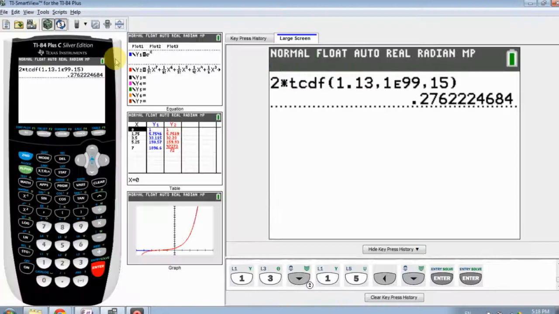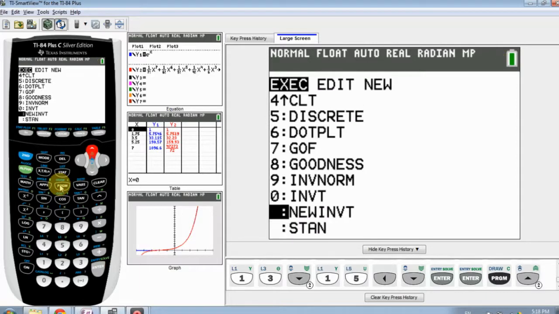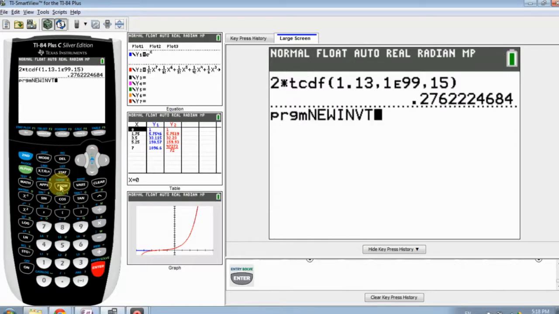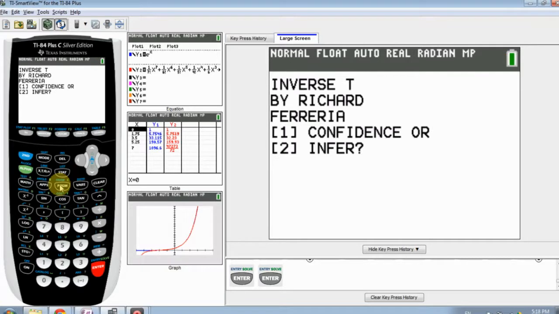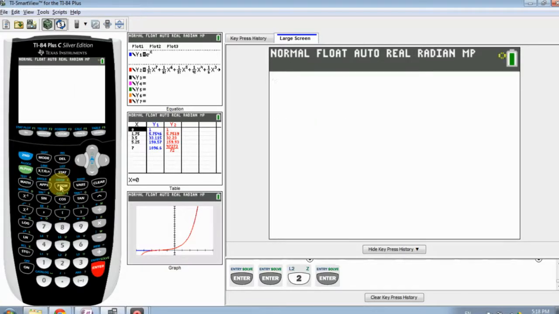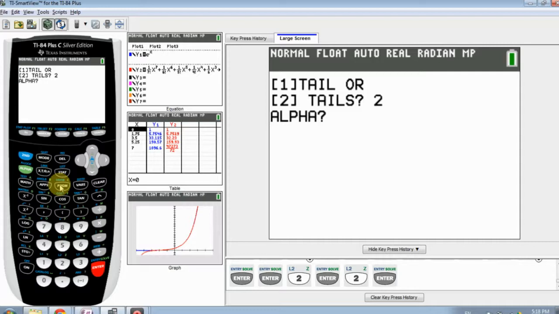Sorry, wrong one. We go here. We're going to use that program again. Inverse norm, or inverse t. Two tails. Alpha is 0.05.